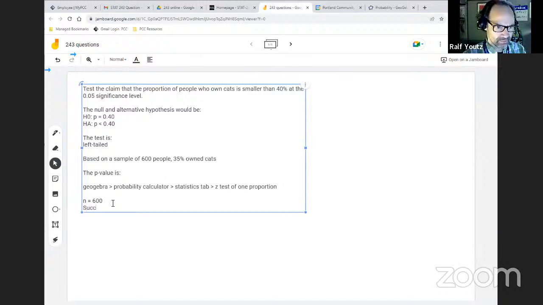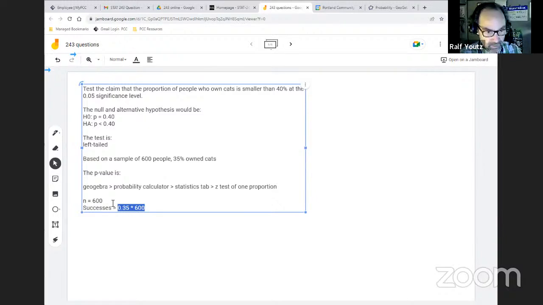Successes here, it's got to be, well, 35%, the happy 35% of the sample of people who have cats. I mean, depending on if their cats know how to bury their stuff in the litter box or not, they might not be happy 24 hours a day, but 35% times 600, that's going to be the actual number of successes.